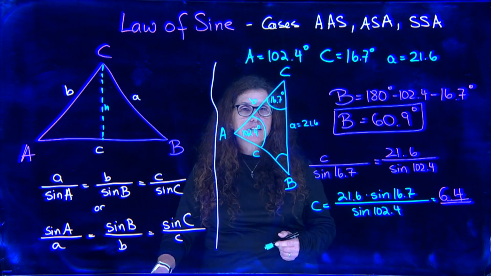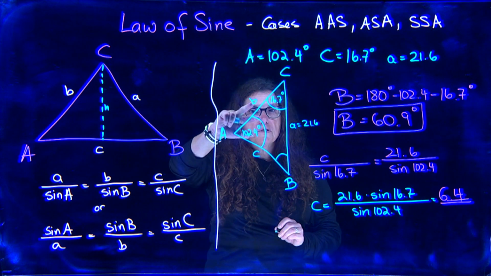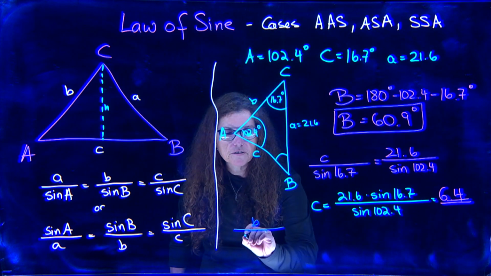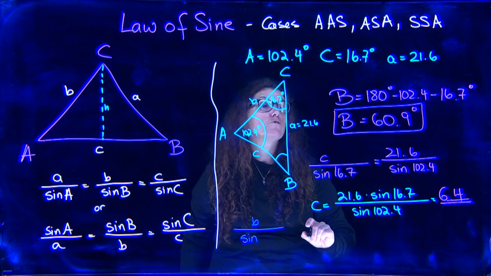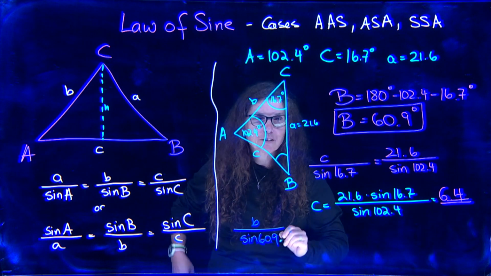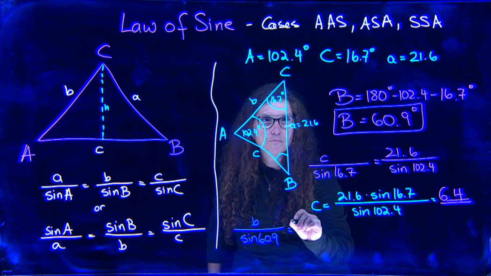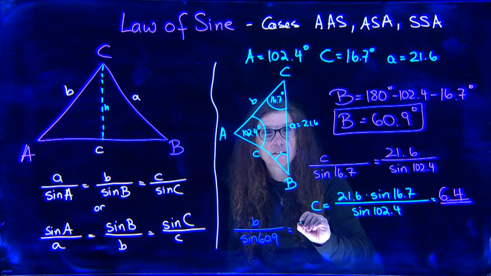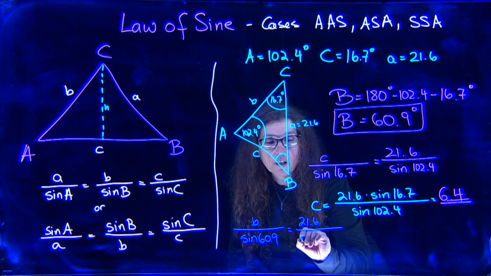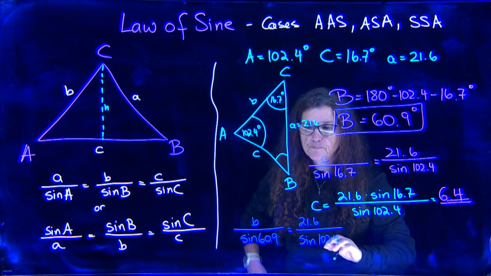Okay, the last side we need to find is side b. So we use the angle B relationship. b over the sine of, what was B? 60.9 is equal, and then again I'm using the values that were given to me, so a over angle A, 21.6 divided by the sine of 102.4.